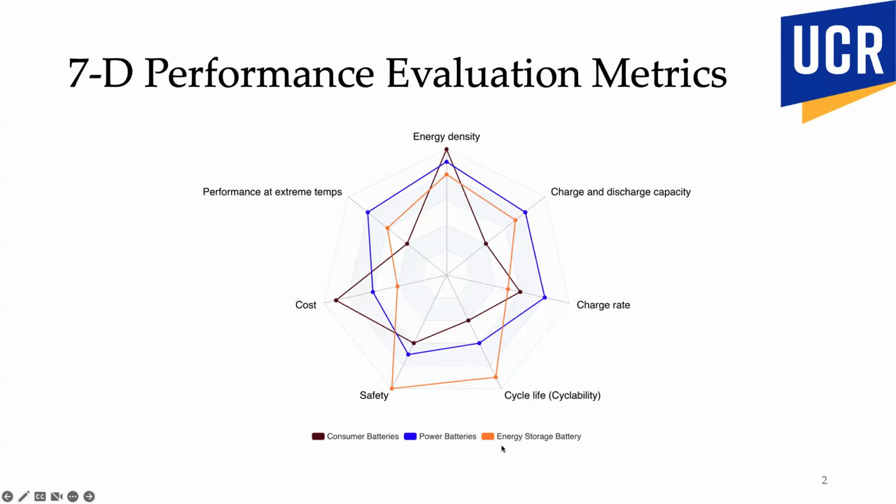But if we focus on energy storage batteries, the orange line, you will find that there are three aspects especially important. The cost for ESS is required to be super low. At least for these three, it's ranked the lowest, so it should not be expensive.